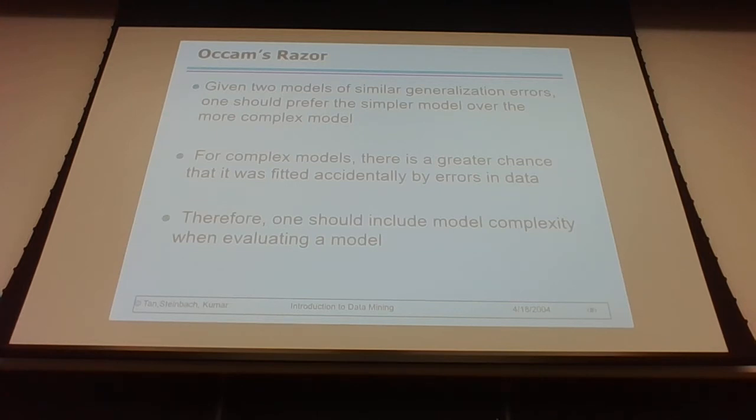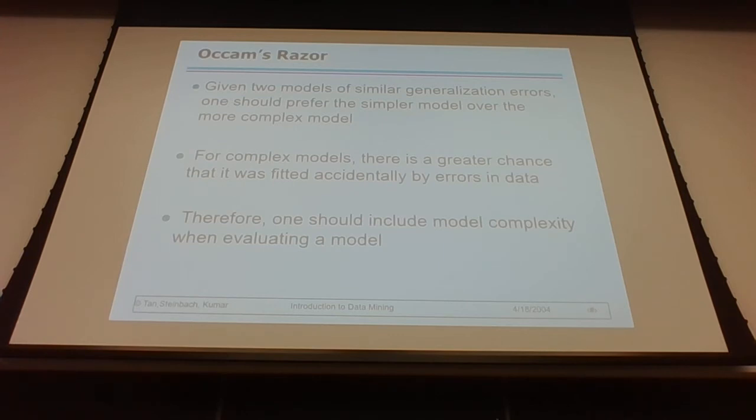The speculation is maybe the complex model is more prone to learn noise. Complex model is more prone to learn noise. Now that's a hypothesis, a speculation. No evidence exists. Maybe evidence exists in particular examples, but it's not a general trend. That's why this is not a theorem.